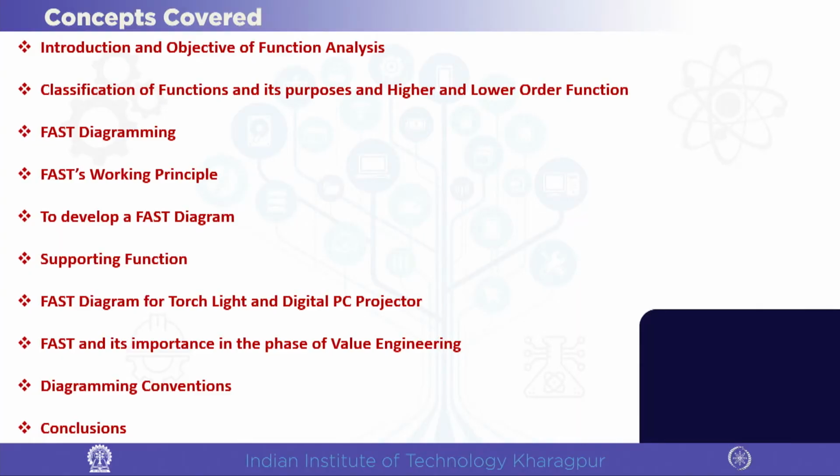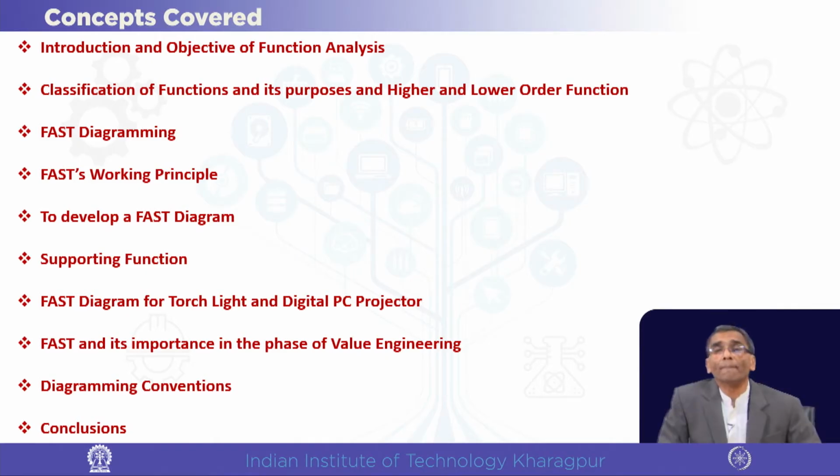So, we go into the discussion, and the concepts covered are primarily focused on FAST, that is function analysis system technique. We will start with the introduction and objective of function analysis. Then we would talk about the classification of functions and its purpose in higher and lower order functions.